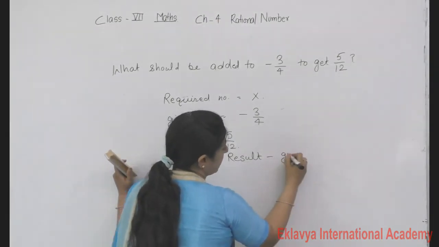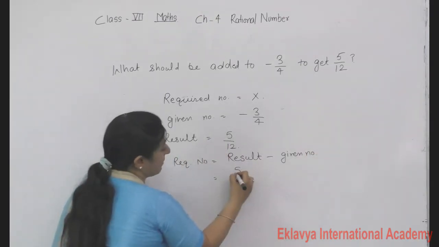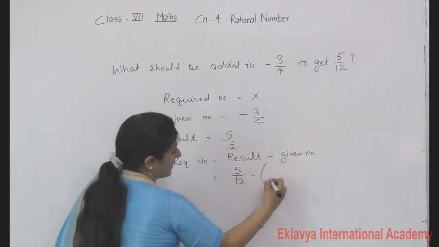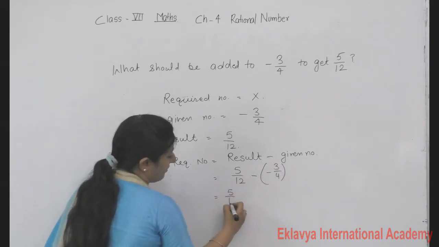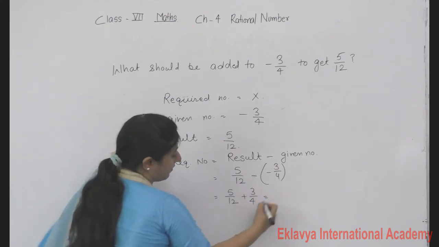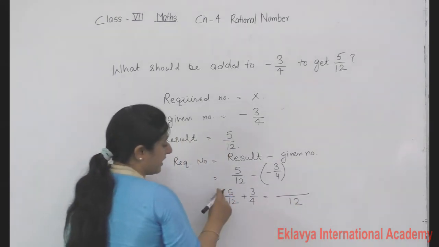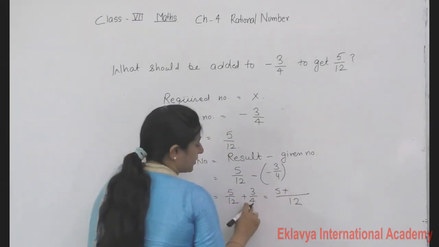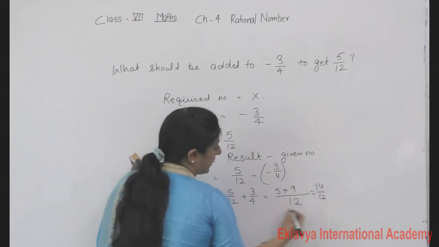Result minus given number. Result is 5 by 12 minus 3 by 4. 5 by 12 minus plus 3 by 4. LCM is 12. 5 plus 4 3s are 12, 3 3s are 9. 9 plus 5, 14 by 12.